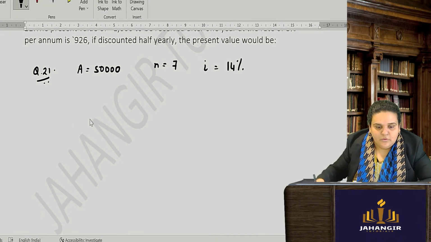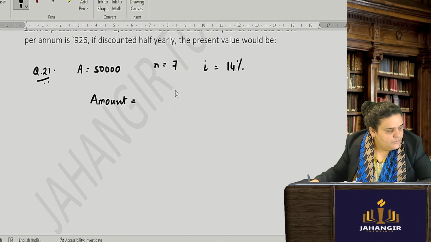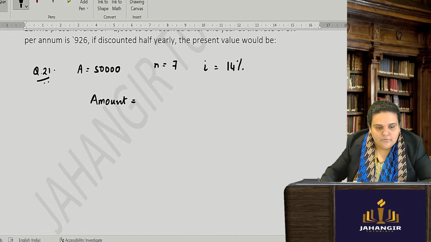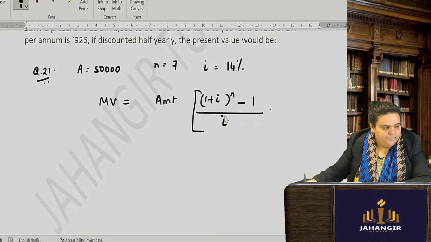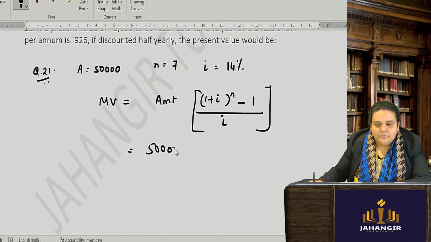So the amount will be equal to maturity value, you can write over here. It will be amount into 1 plus I, the whole thing raised to N, minus 1, upon I. Amount is 50,000, the principal amount.